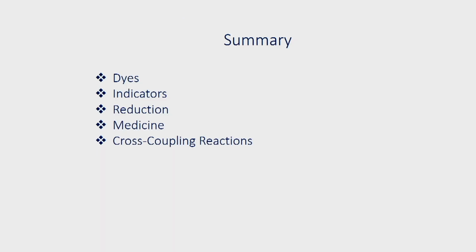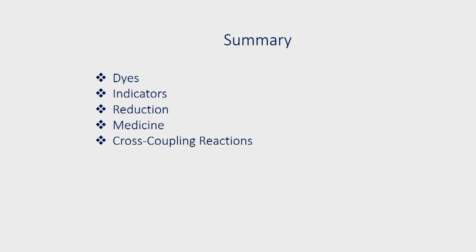In summary, in this class we have seen the utilities of diazonium salt in the preparation of dyes, where we have seen four types of dyes. First we have seen the formation of a neutral dye, which is used to color wool, and this dye is made in situ. Next we have seen the dye that has acid and base functional groups.